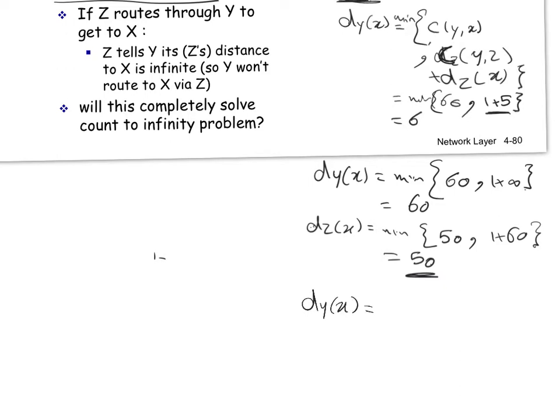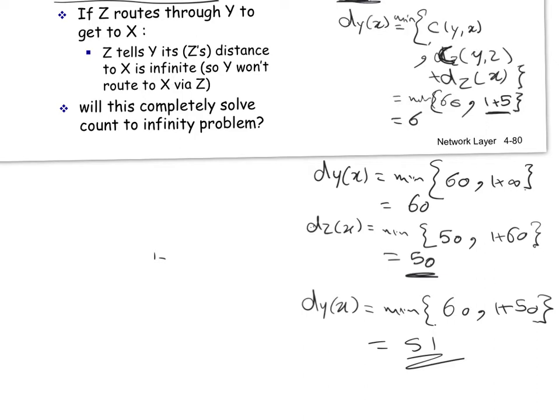So Y will say, okay, so now I need to calculate my distance to X, which is the minimum of 60 or 1 plus 50. So it's 51. So in 2 iterations, we solve the problem just by using this split horizon rule.